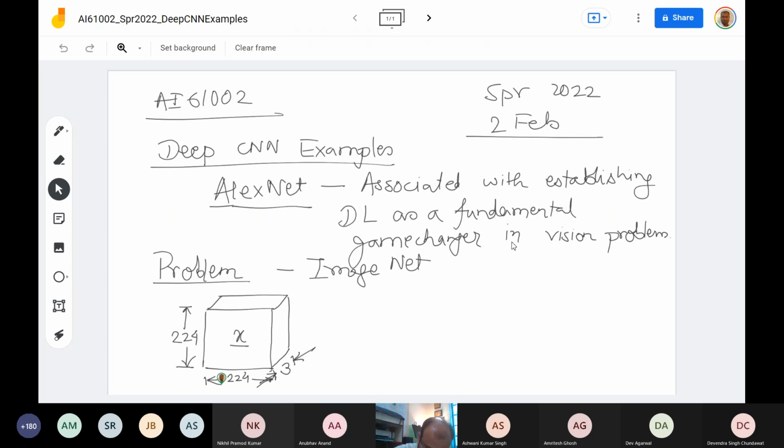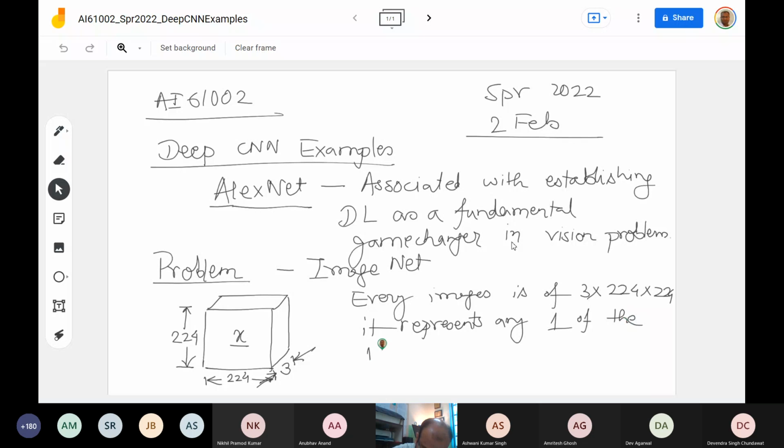Okay. So every image is of 3 cross 224 cross 224, and it represents any one of the 1000 classes of objects.